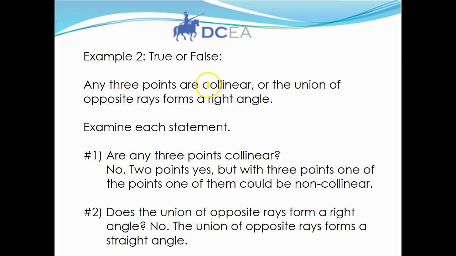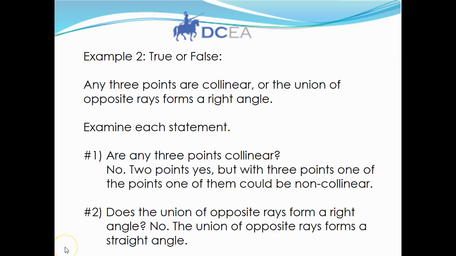Any 3 points are collinear, or the union of opposite rays form a right angle. Let's examine each statement. Are any 3 points collinear? No. 2 points can be collinear, but with 3 points, one of the points could be non-collinear.